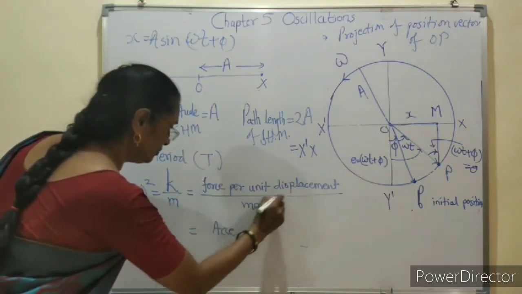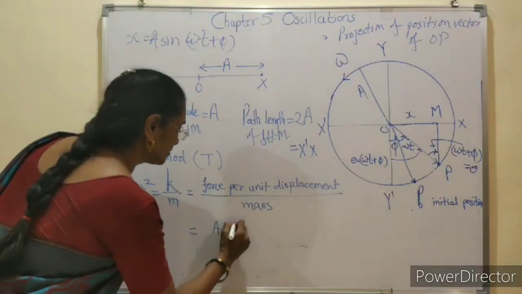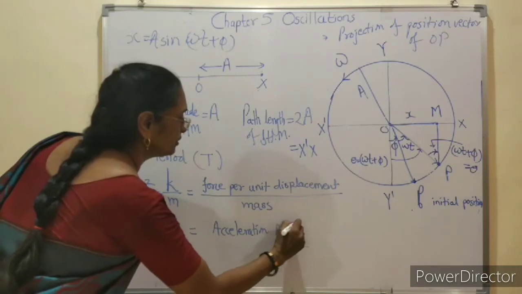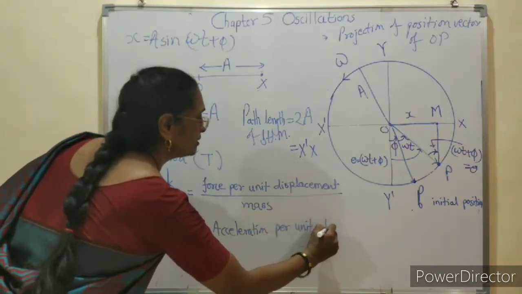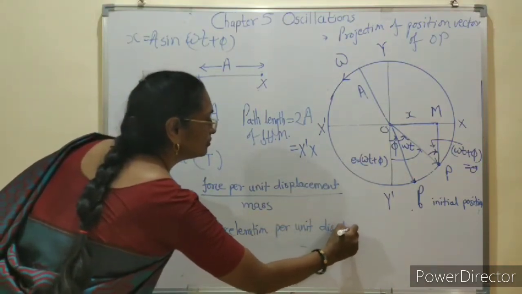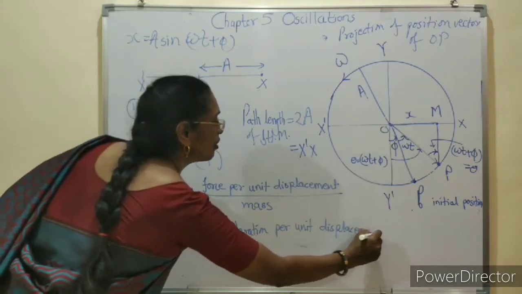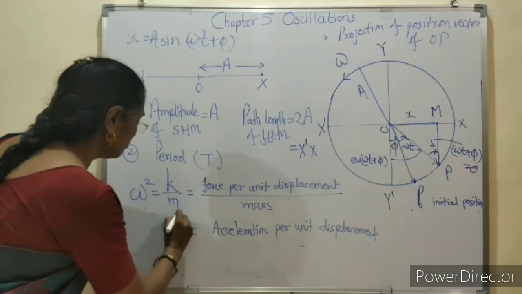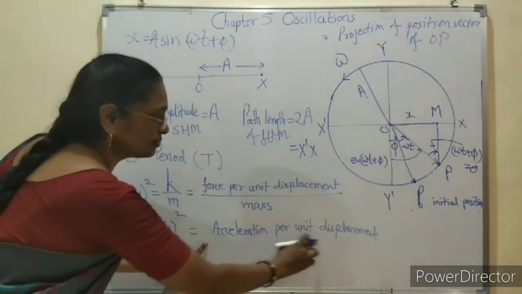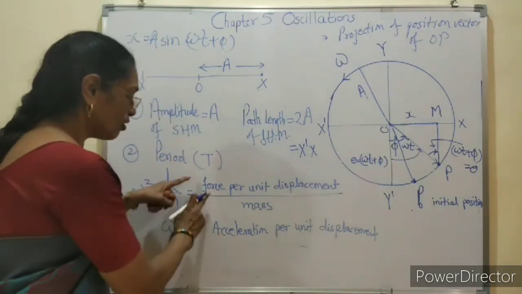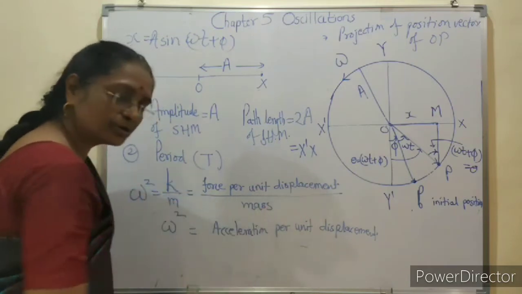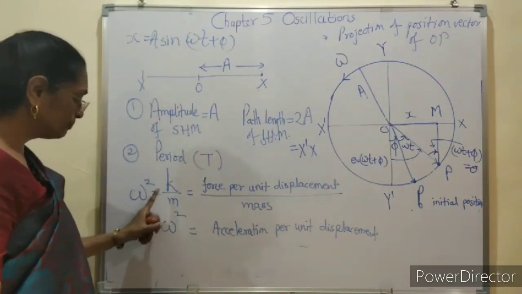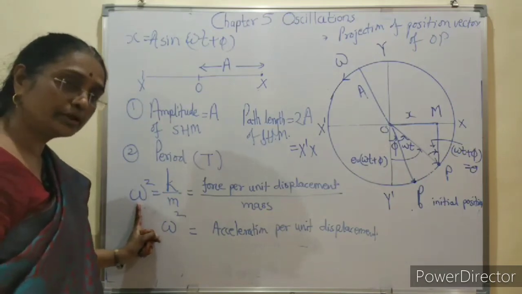So the whole expression can be written as acceleration per unit displacement. So this is the description for omega square is equal to k upon m. We write here omega square can be acceleration per unit displacement or ratio of force per unit displacement upon mass. So try to understand this ratio which is equated with omega square.